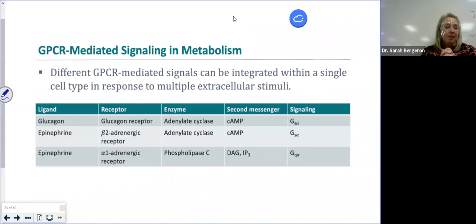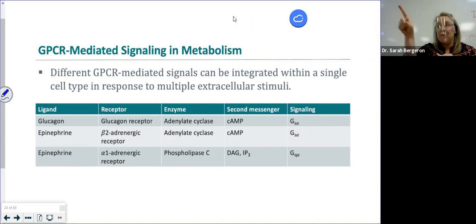We've talked in this class about what happens when you don't eat and what happens when you activate your fight or flight response, right? So when you don't eat, you make glucagon to get blood sugar into the bloodstream so that you can feed your brain. Same thing happens when your fight or flight becomes activated, right?